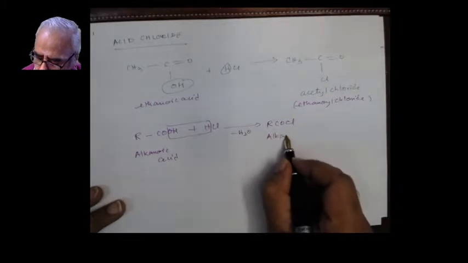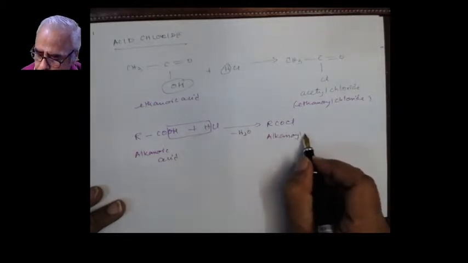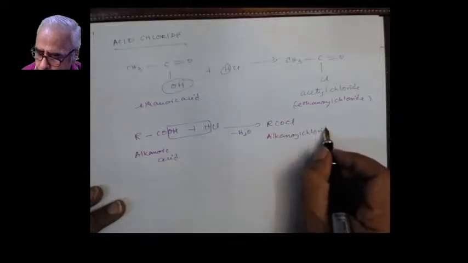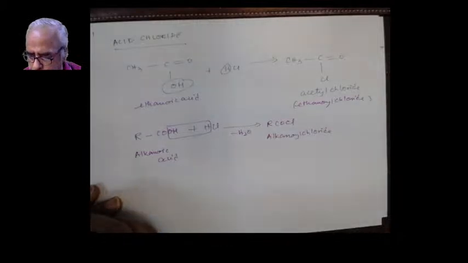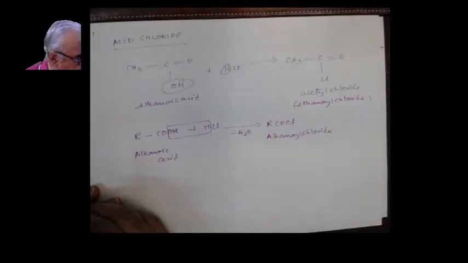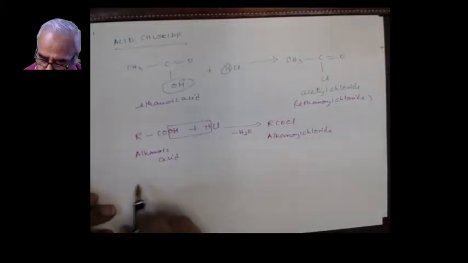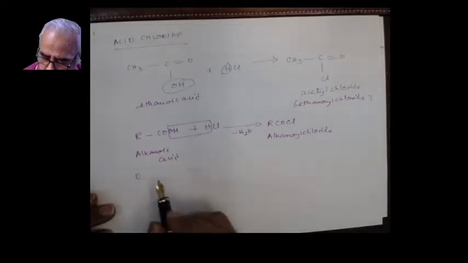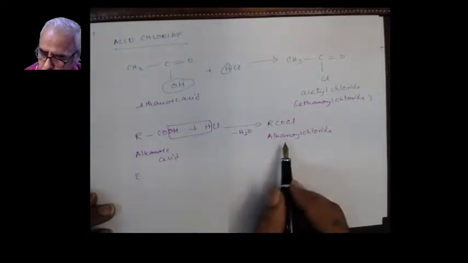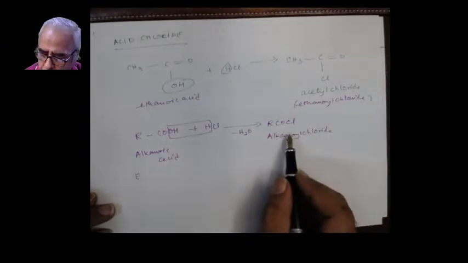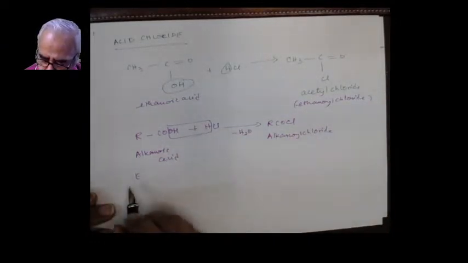Alkanoyl chloride. Okay. So you should be able to get different types of alkanoyl chloride. Not only chlorine, but also bromine, iodine, etc. So alkanoyl bromide you can have by adding HBr.